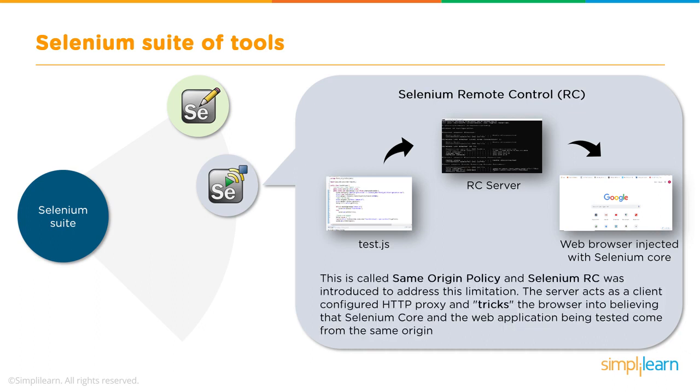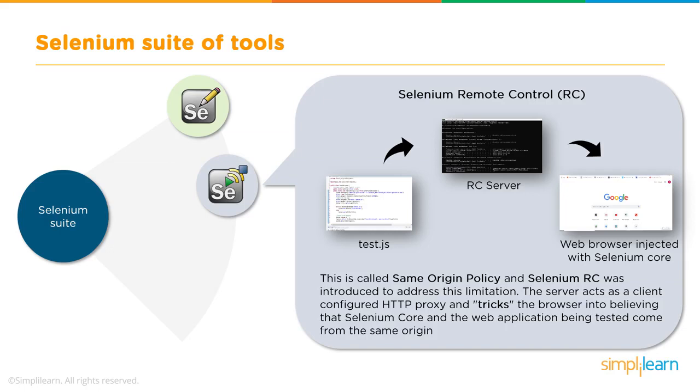To overcome the same origin policy, Paul Hammond created the Selenium Remote Control Server, which acted like a proxy to trick the browser into believing that your Selenium Core and your web application under test are on the same domain, thus eliminating the same origin policy.